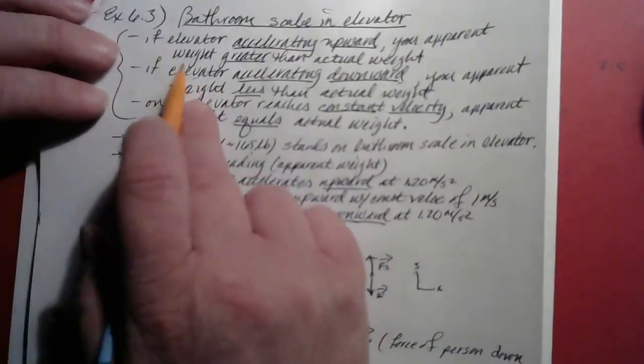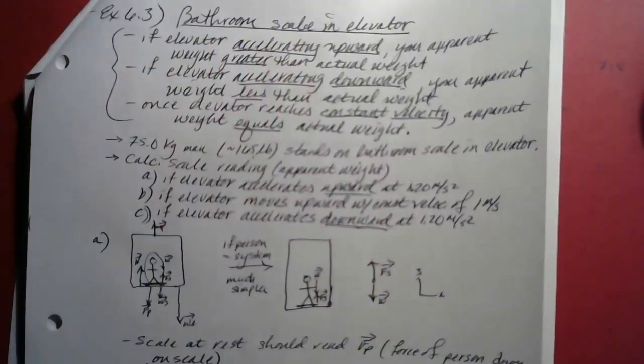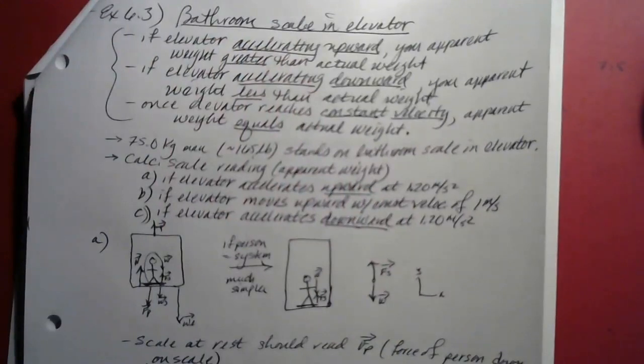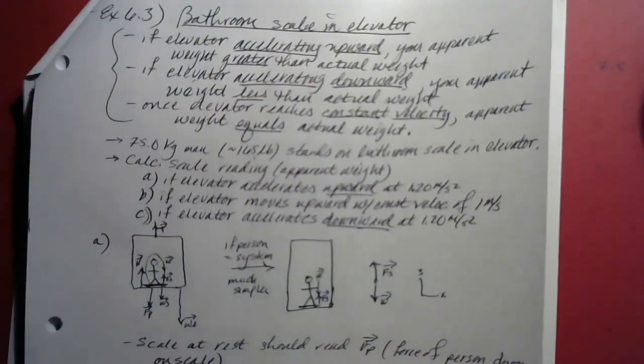So as it turns out, if you were to stand on a bathroom scale in an elevator, then when the elevator is accelerating upward, you feel heavier. And in fact, the bathroom scale would say that you are heavier. The number on the scale would actually jump as the elevator is accelerating upward.